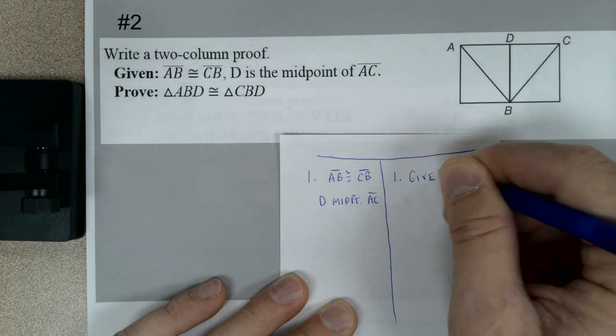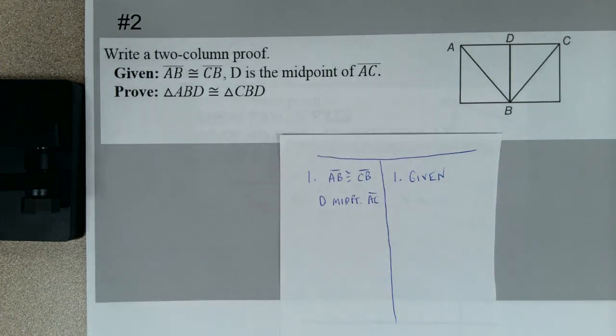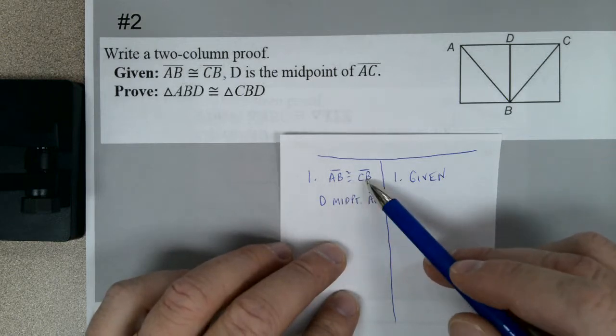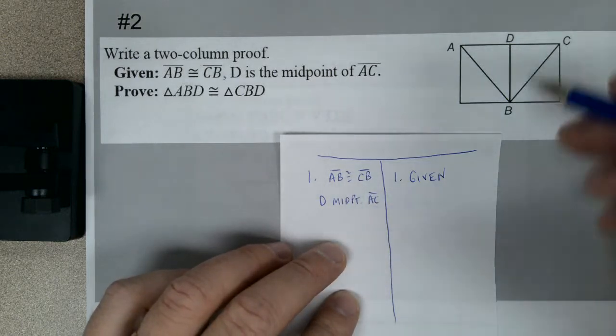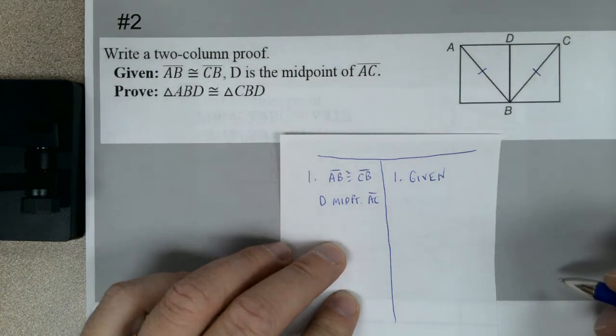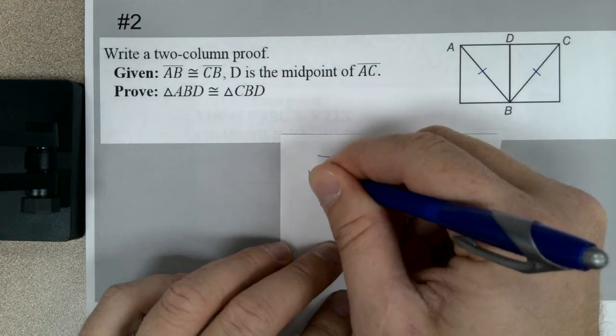That's our given. So I'm going to first start with my first statement, AB is congruent to CB. If I go up to my picture and mark that, that gives me one pair of sides in the two triangles.